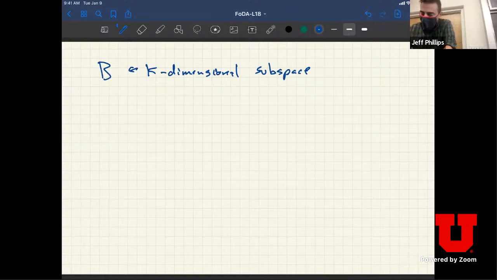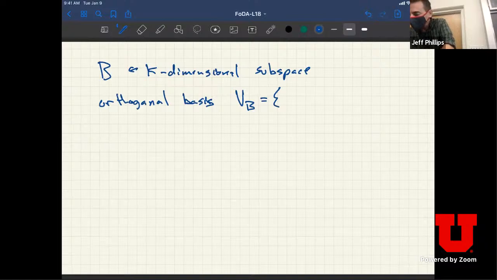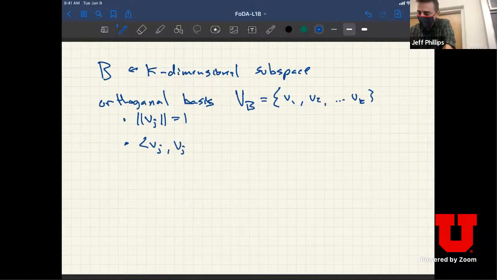We're going to say it corresponds with an orthogonal basis, and I will call that V_B, and that's going to be a set of V1, V2 up to VK, which will have the property that each of these vectors Vj is going to be a unit vector, and that Vj dot Vi is going to be 0 for j not equal to i, right?